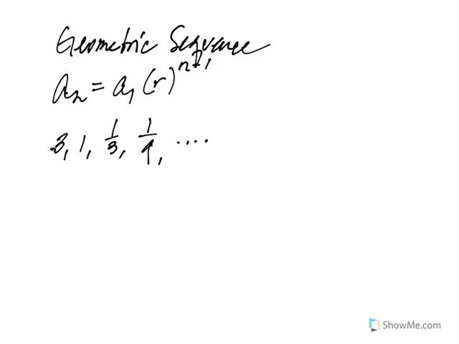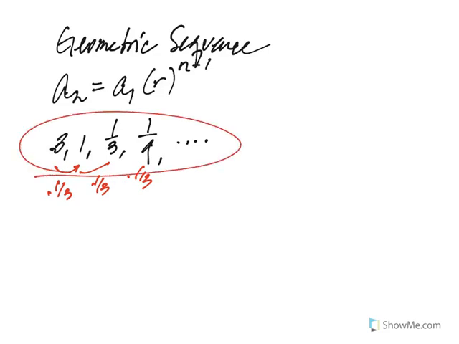And what makes a geometric sequence geometric is the common ratio. So what we're doing is every single time we're multiplying by 1/3. That is what defines a geometric sequence. So this sequence right here can be written as a sub n is equal to the first number in the sequence times the ratio to the n minus 1 power.